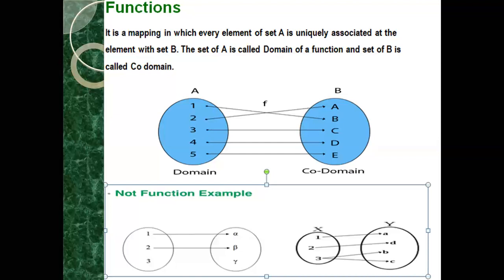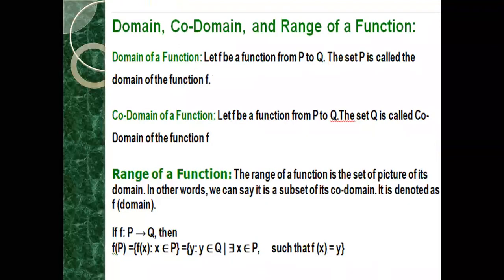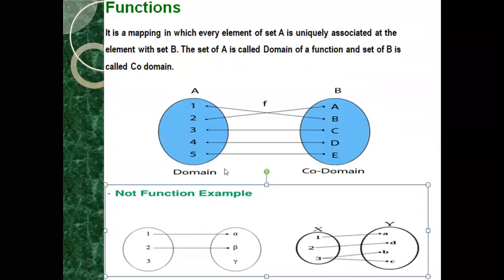Okay. So next, a not-function example. In this example, there is a mapping from two sets. The domain has elements 1, 2, 3 and the codomain has elements alpha, beta, gamma.